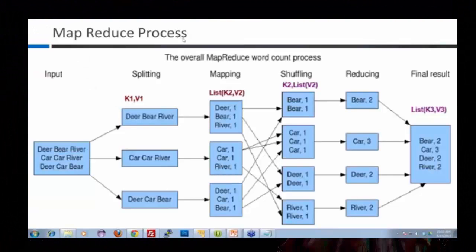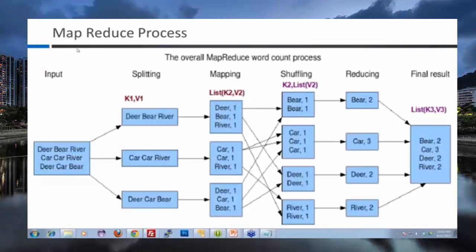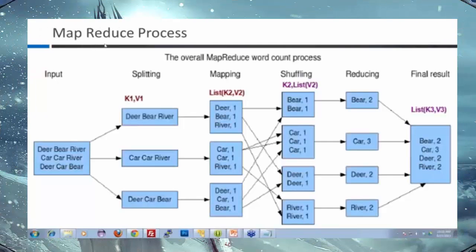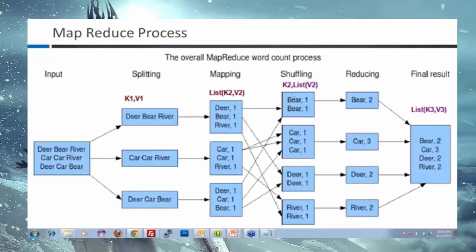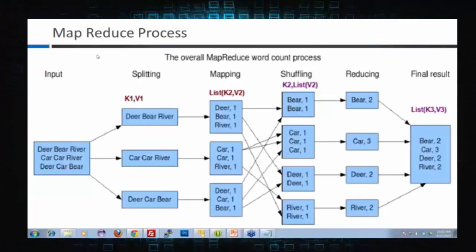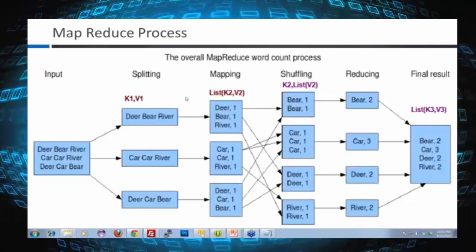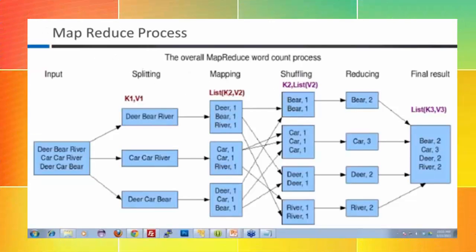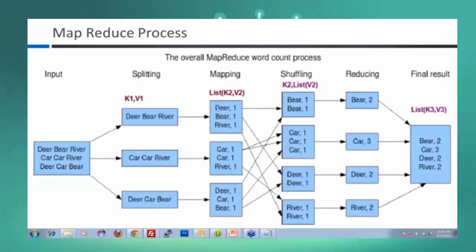Now we have a lot of questions. Let me read through those questions and I'll see whatever I want to answer now. Dipankar says because value of same key may be in different split, right? That's very much possible and that's why we have done this shuffling here. Don't worry about Java list or not, Ramesh. This is not a Java list. This is just a representation where we say that this is a list of K2 and V2.